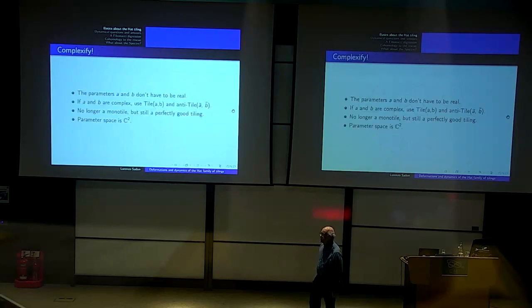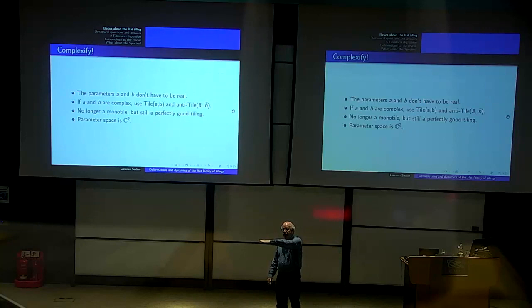Now, as it happens, there's no reason that those shapes need to be real. Instead of saying, I've got horizontal by a length B, plus multiples of 60 degrees, I could just take any complex number times any sixth root of unity, because I'm going to think of R2 as being the complex plane.